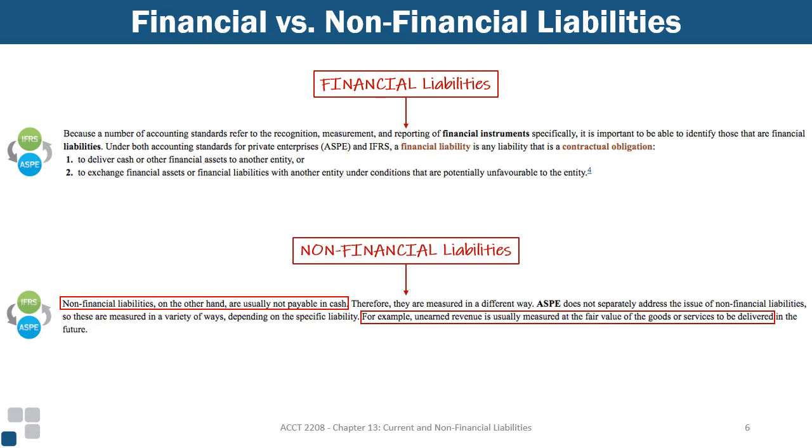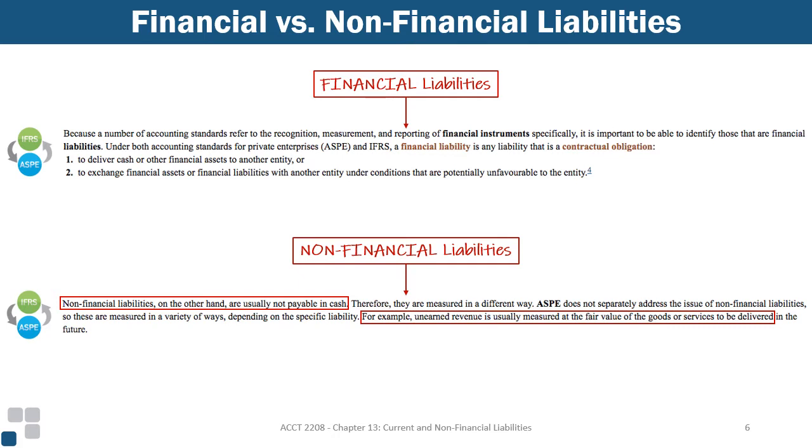a non-financial liability basically is something that usually isn't payable in cash. So unearned revenue is a really good example of a non-financial liability, because somebody gives you cash to do the work, and the idea is that you'll do the work, not give them the money back.